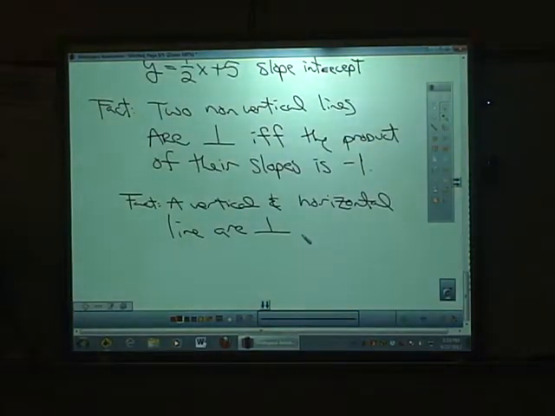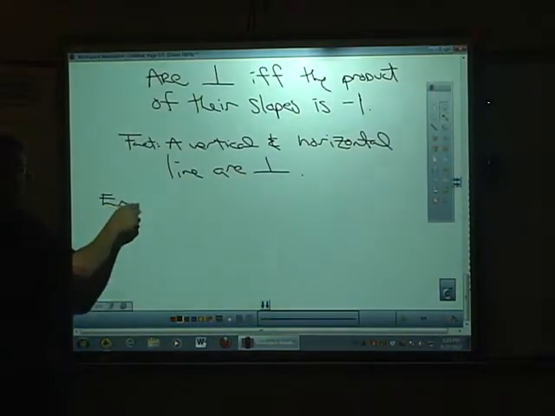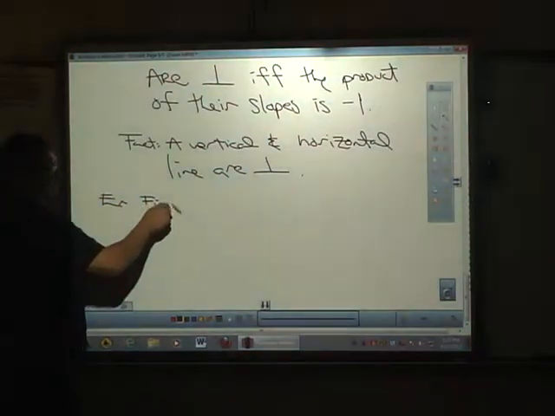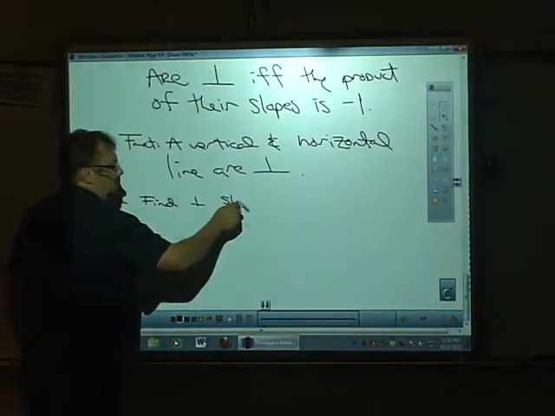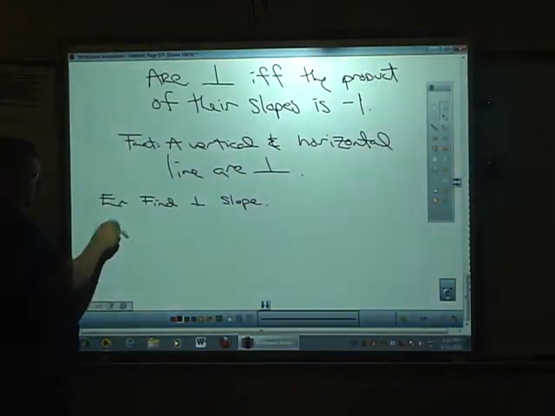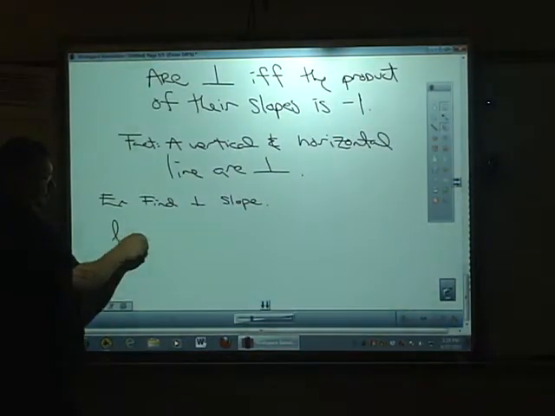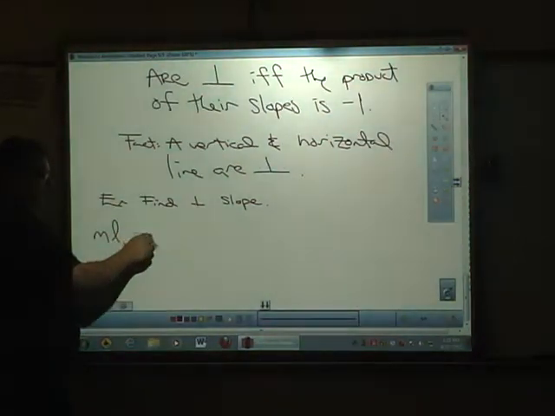Let's take a quick look at how we do this. First, I want to start off with an example saying, find the perpendicular slope. Let's say I gave you a slope, line 1 had a slope of 1/2.